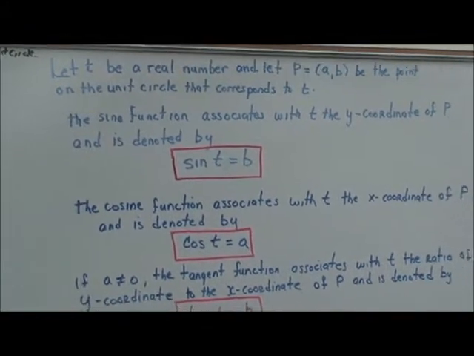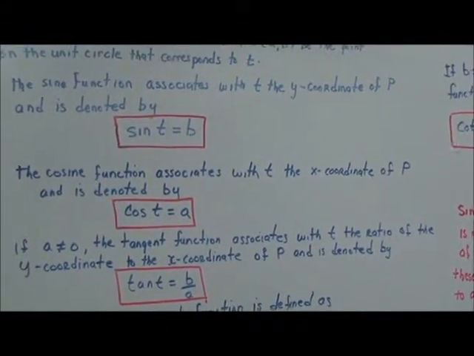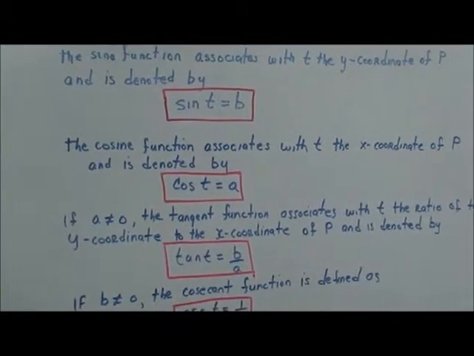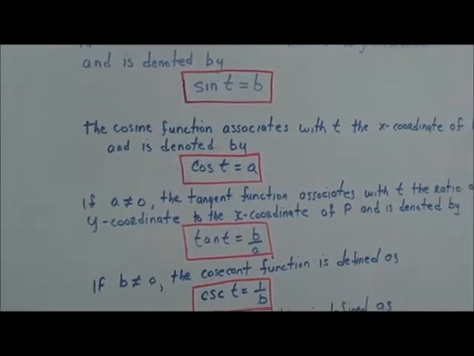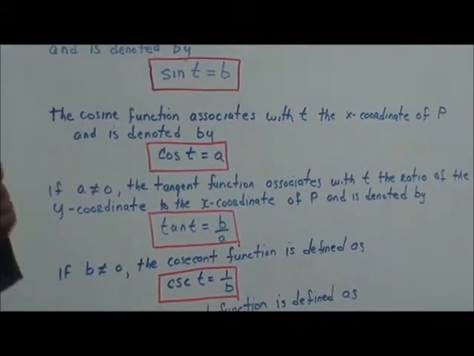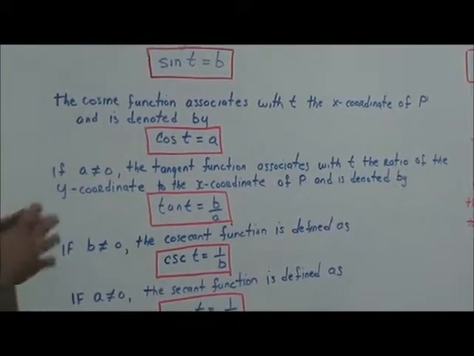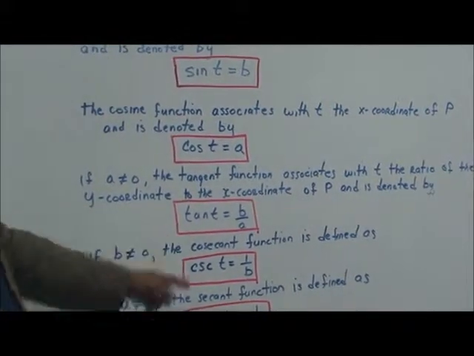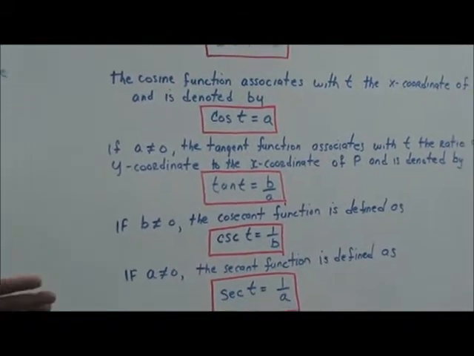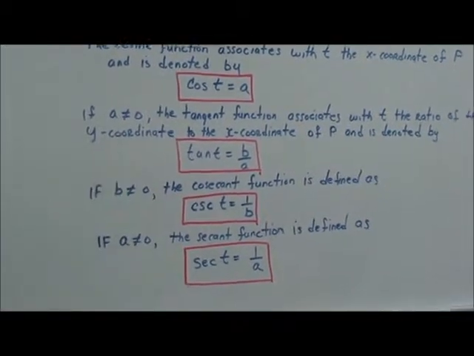And the cosine function associated with T, the x coordinate of P, is denoted by cosine T is equal to what? A. Now, if A is not equal to 0, the tangent function associated with T, the ratio of the y coordinate to the x coordinate of P, is denoted by tangent T, which is equal to B over A.